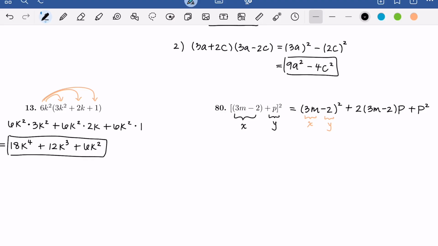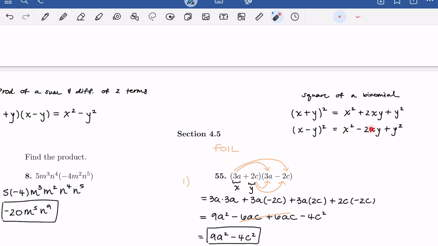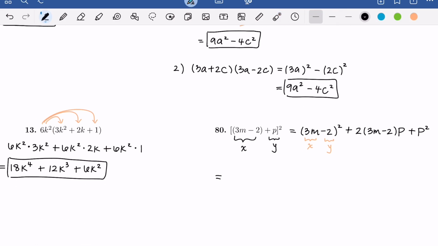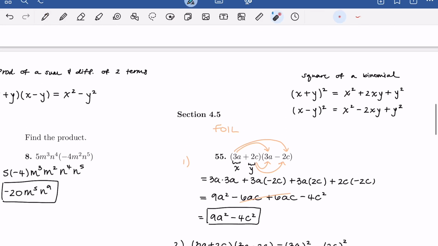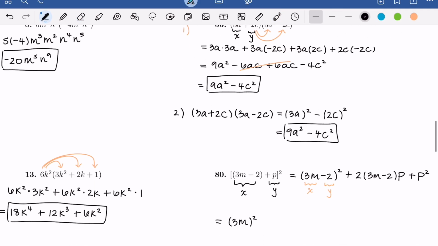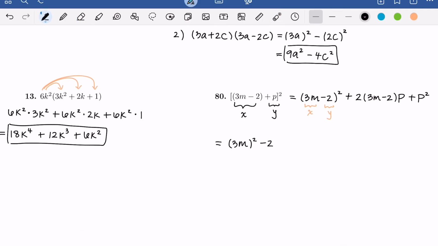So using that second equation there, where we're looking at the difference of two terms, we're going to plug it directly into our equation. Treating this 3m as our first term, we're going to take the square of that. So this will be 3m squared. Then our second term here is going to be minus 2 times the product of our first term and our second term.